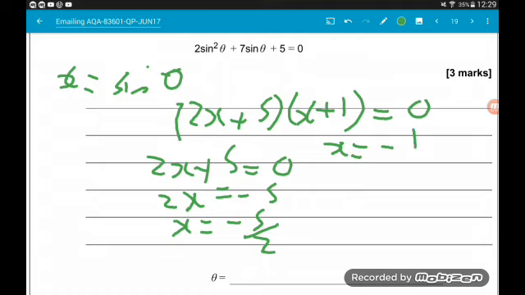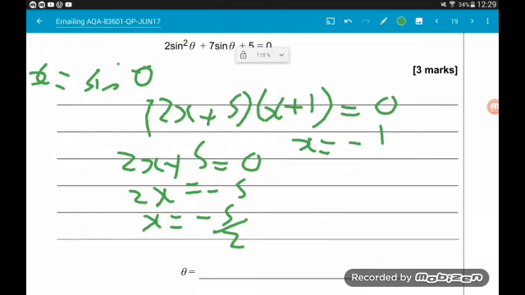So what we are actually solving here is either sine theta equals minus 5 over 2. But remember, sine values can only oscillate between plus 1 and minus 1.